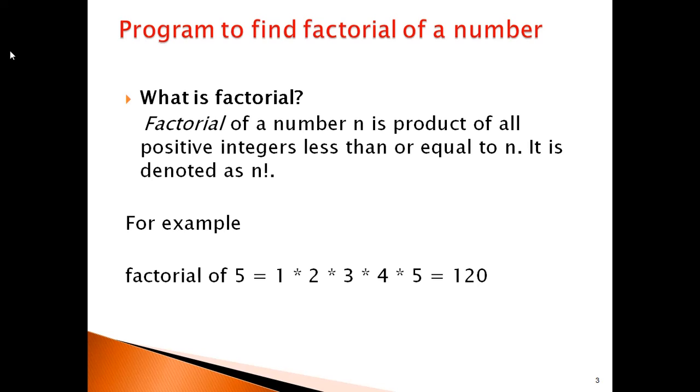The factorial of a number n is the product of all positive integers less than or equal to n.